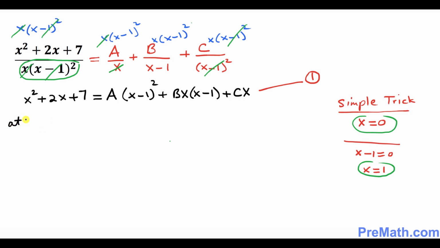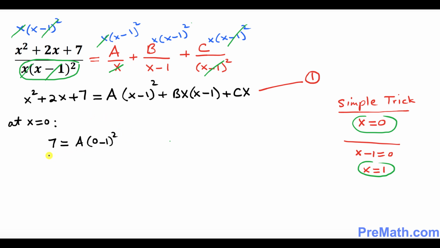I'm going to say at x equal to 0, what's going to happen? Let's plug it into equation 1. So we have simply 7 on the left hand side, and over here you can see A times (0 minus 1) squared, and then B times 0 is 0, so this becomes 0.